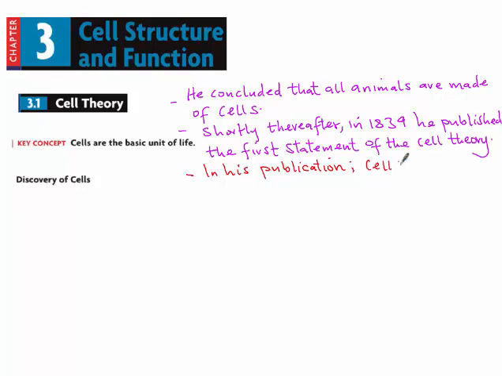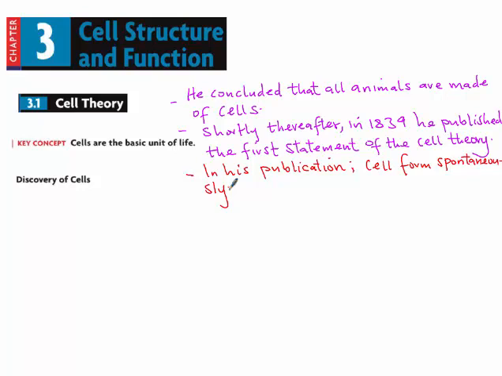By spontaneously, he meant that cells really form from nowhere. They just happen to be, which was not right. So as people continued with research, they proved him wrong.